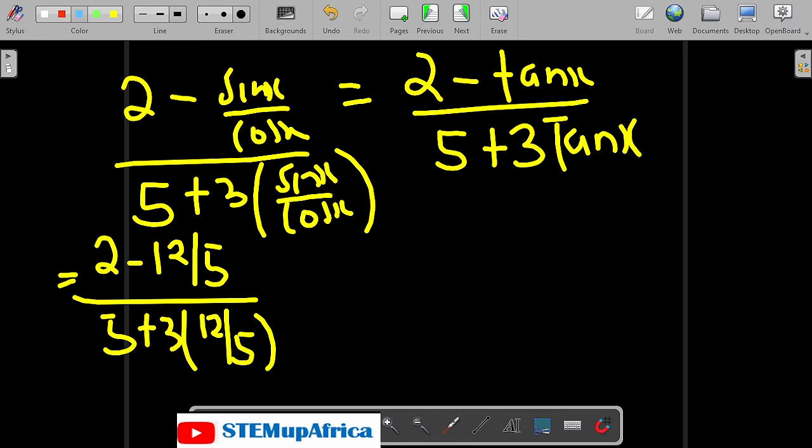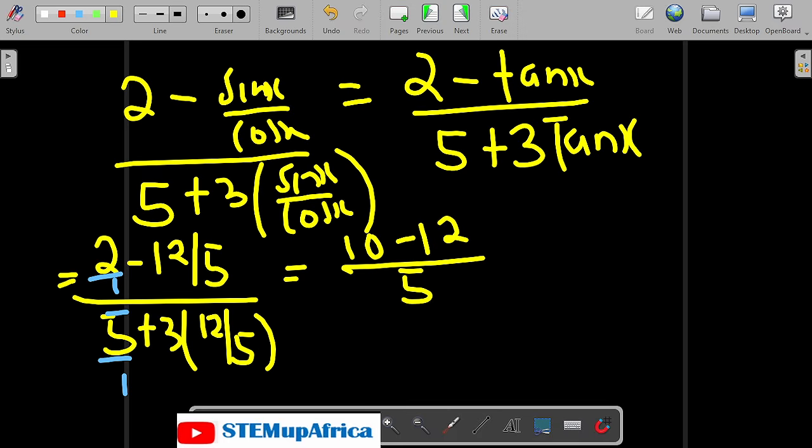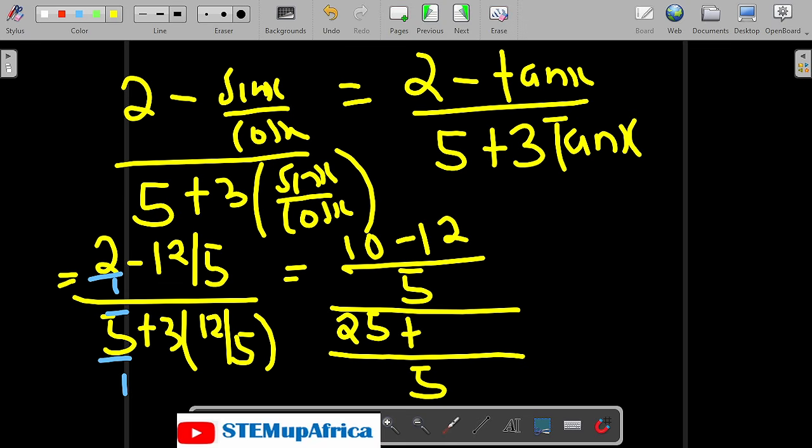Here is over 1, so I can take my LCM. The LCM at the numerator is 5. 5 into 1 is 5 times 2, that will give me 10. 5 into 5 is 1 times 12, that will give me 12. Over my LCM in the denominator, which is also 5: 5 into 1 is 5 times 5, that is 25, plus 5 into 5 is 1 times 3 and 12, that is 36.